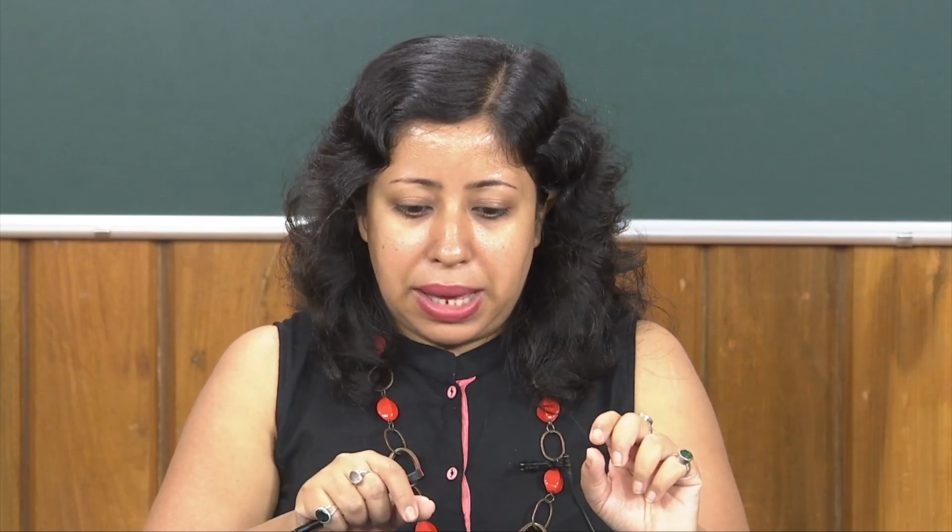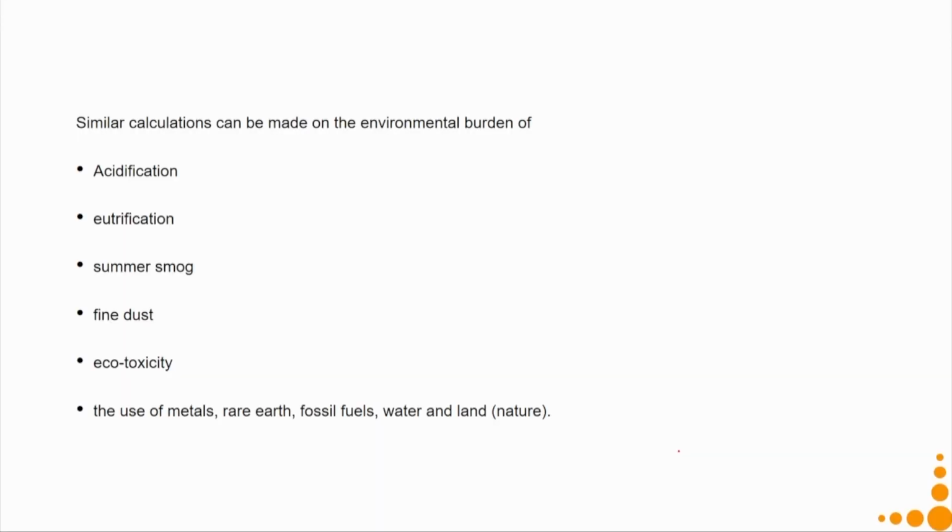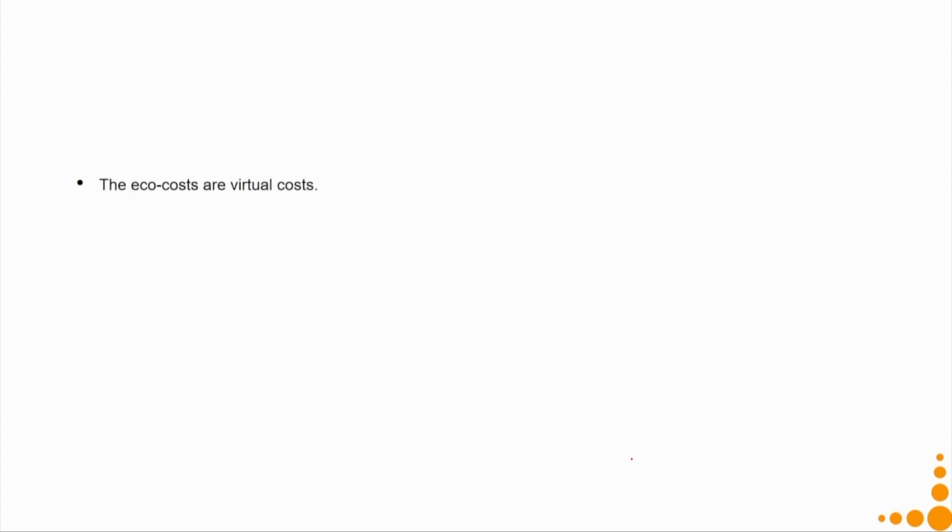There are many other parameters for the environmental burden like acidification, eutrophication, summer smog, fine dust, ecotoxicity, the amount of use of metals, rare earth, fossil fuels, water and land. So my LCA helps me to identify all the impacts caused on all these different parameters and try to identify what are the eco costs.